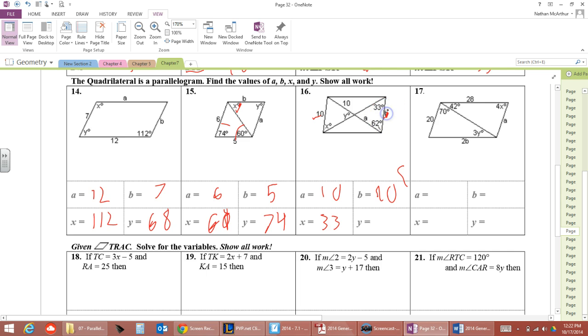So 33 plus 62 gets me 95. Well, 180 minus 95 is 85. So this angle here has to be 85, and the vertical angle to it is also 85.